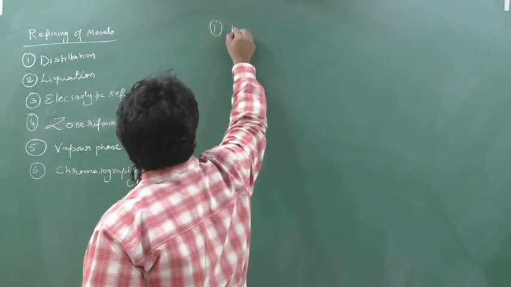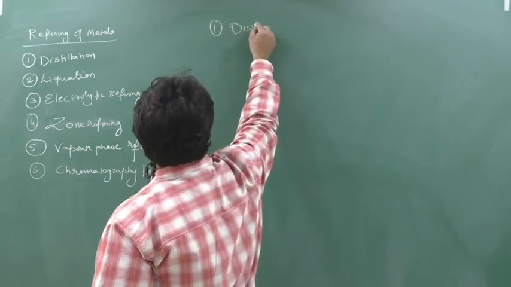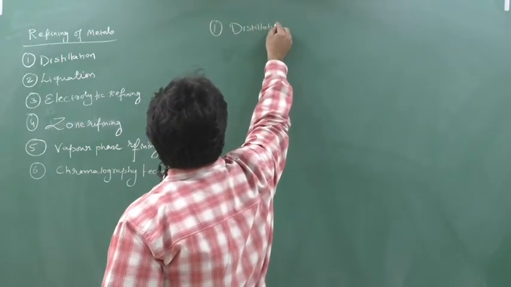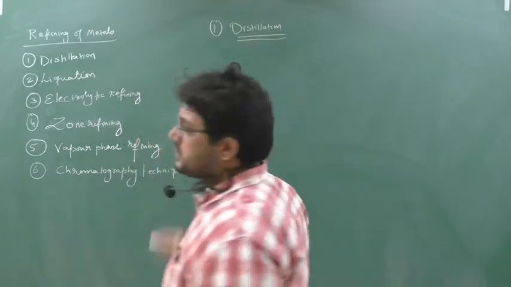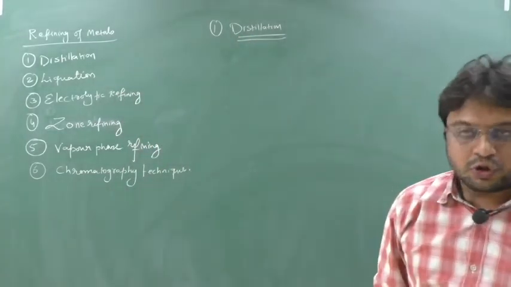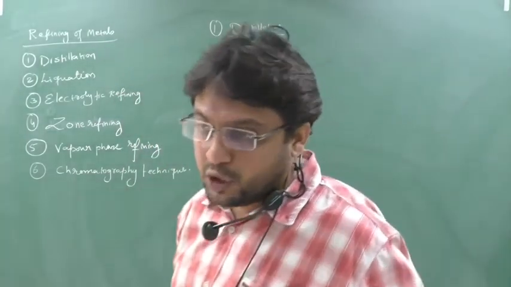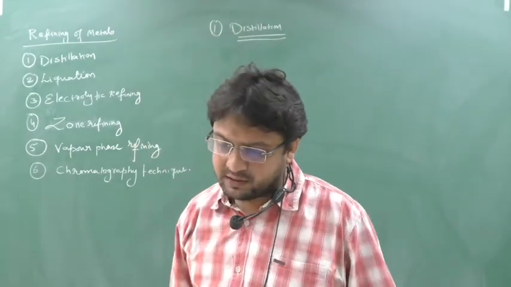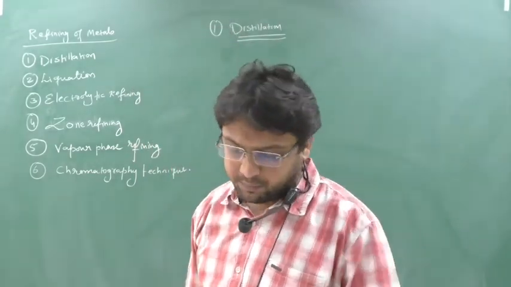But what is meant by distillation? So first, the principle of distillation is that this method is applied to those metals which have a low boiling point. Low melting and boiling point. Right?